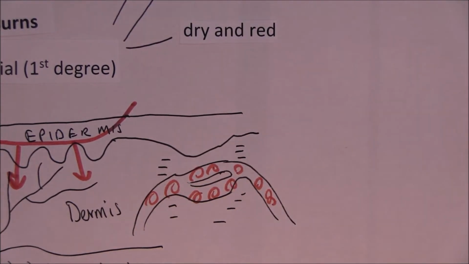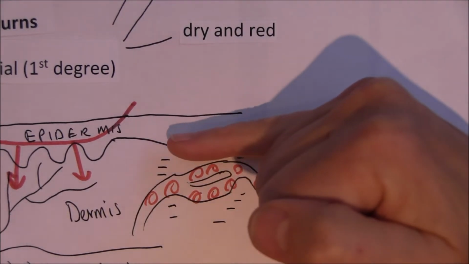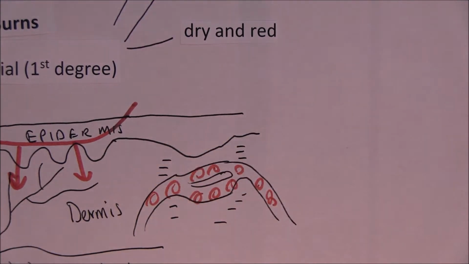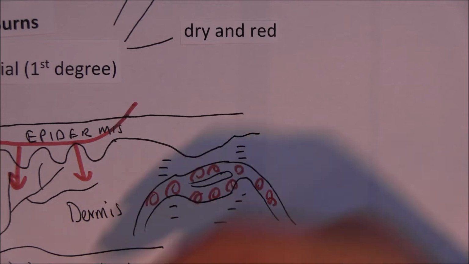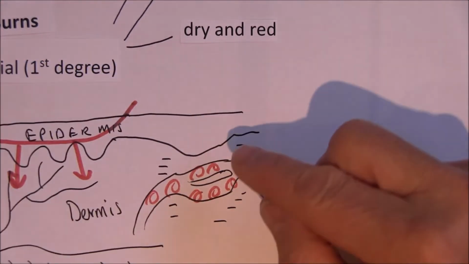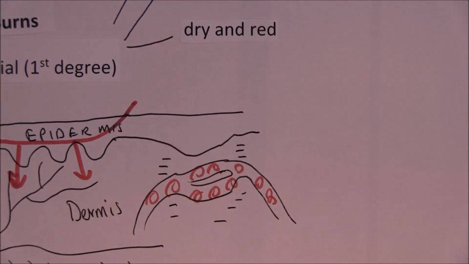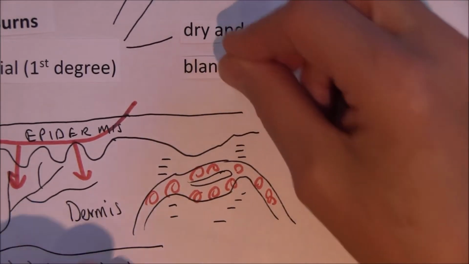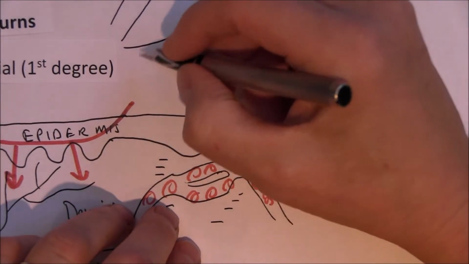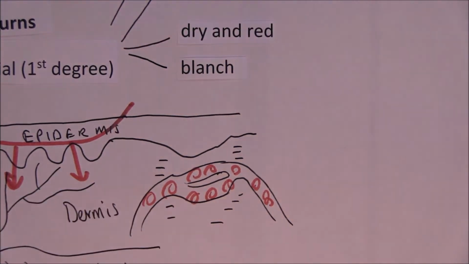When the blood's squeezed out of the capillaries, the redness is squeezed out of the dermis, and we'll get this blanching effect. So we'll get normal blanching in superficial burns. They're going to blanch pretty well, as normal skin will, because of the preserved dermis.